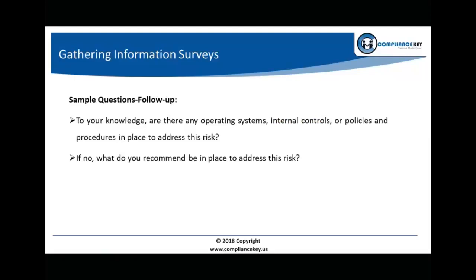So it's just additional insight and feedback. And then you can throw in a follow-up: if there isn't anything in place, do they have any recommendations? That falls under the bucket of gathering information and trying to get diverse opinions with regards to potential things that you could put in place to correct the issue.